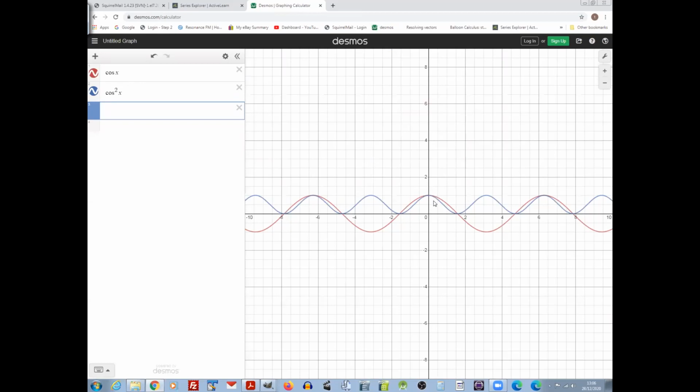Yeah. Ah, yes, I neglected. The red one is just cos, right? But you can see how the blue one, I see.